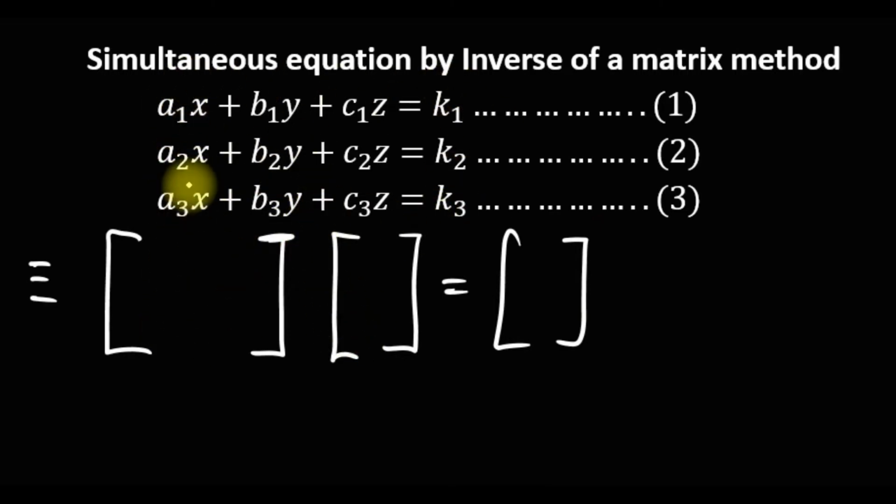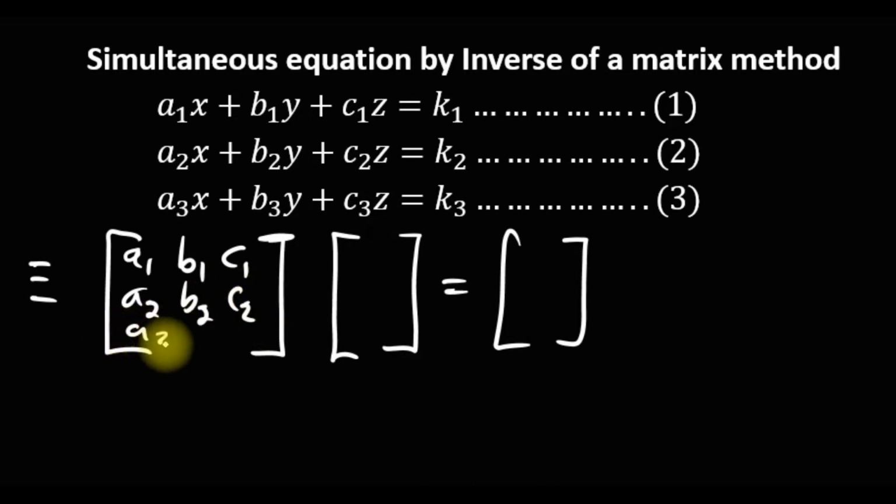The first bracket is the matrix that has the coefficients of the variables, which are A1, B1, C1, A2, B2, C2, A3, B3, C3. While the variables are X, Y, Z, we'll form a column matrix with that.